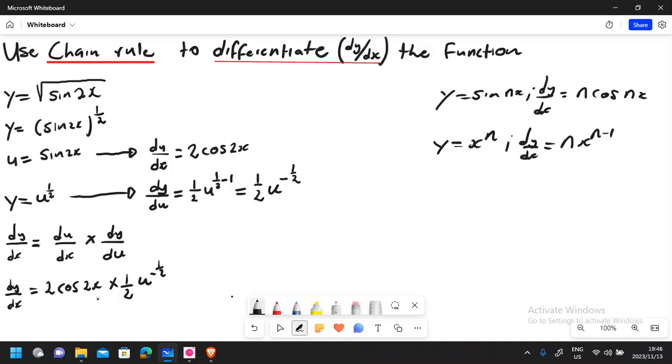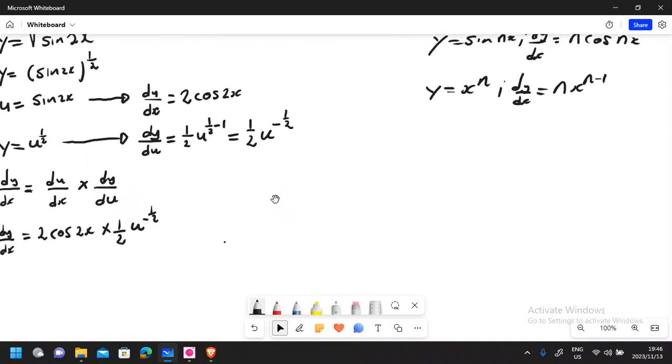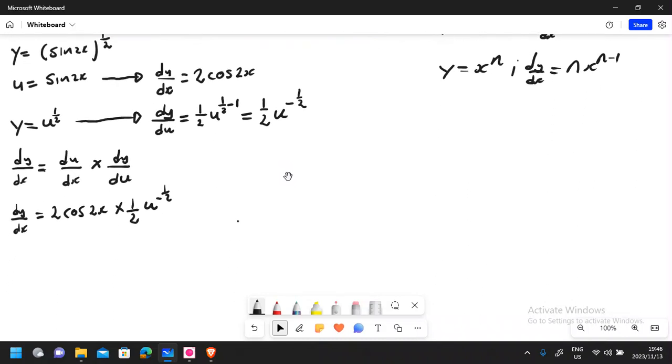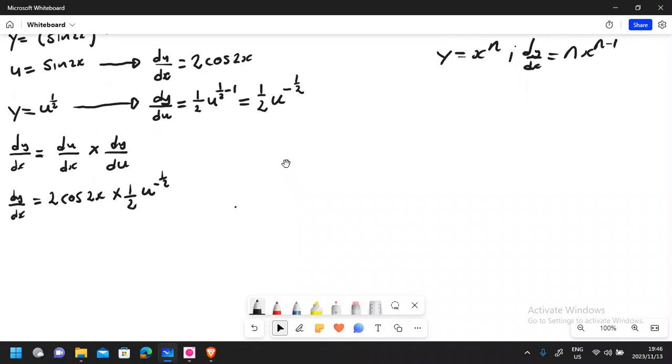So this is our derivative here. But then remember, we cannot leave our answer with a negative exponent, guys. Let me just create a space here, right? So let's simplify what we have here.